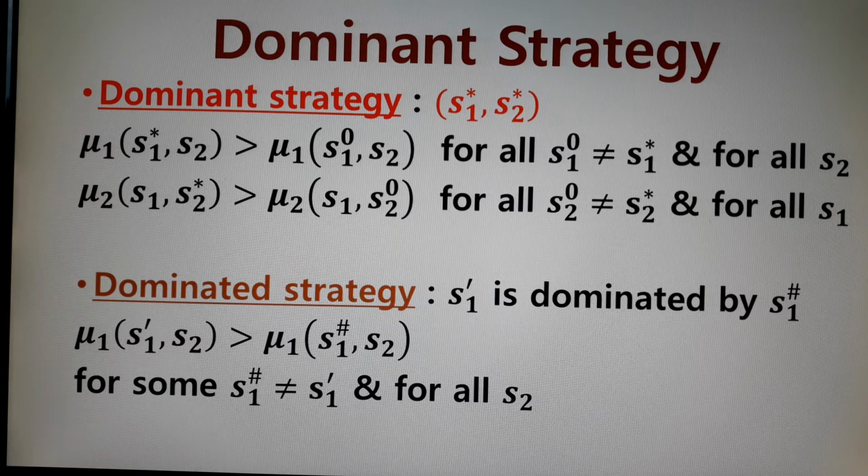If you want to be dominant, you have to win over everybody else by one-to-one fighting. If you were beaten by another student, you're already done. You can never be the best. That is the reason why we don't have to check all strategies like for dominant. Here, for some, just one is enough. Okay.